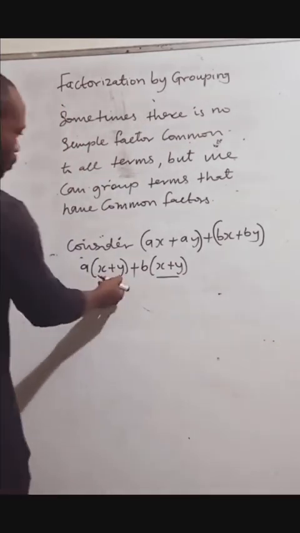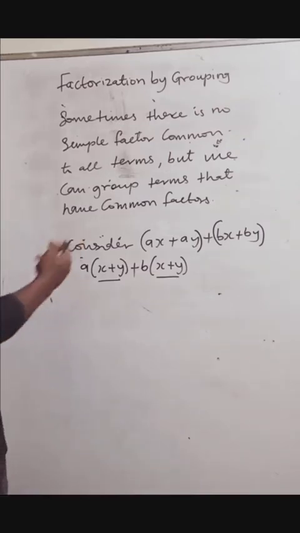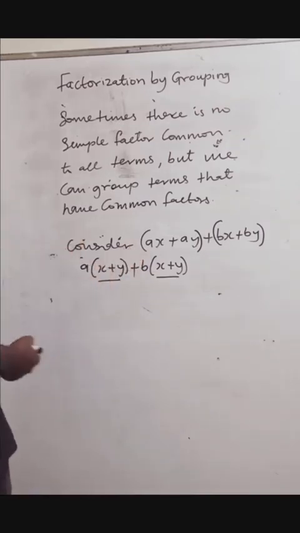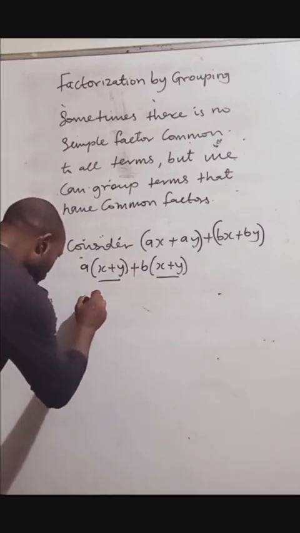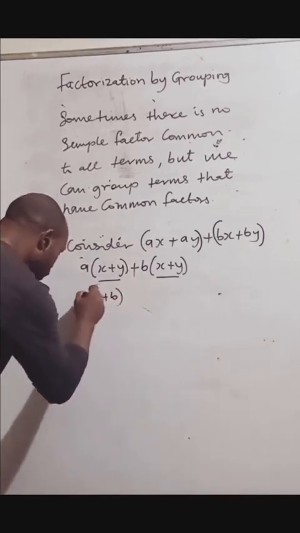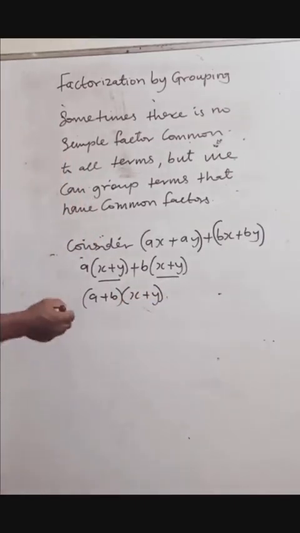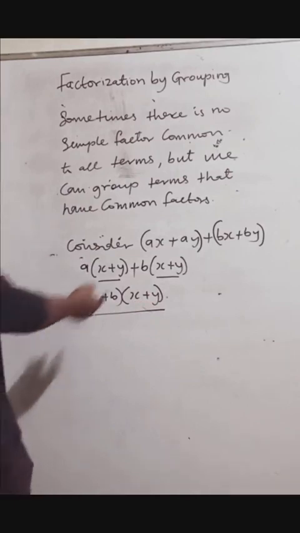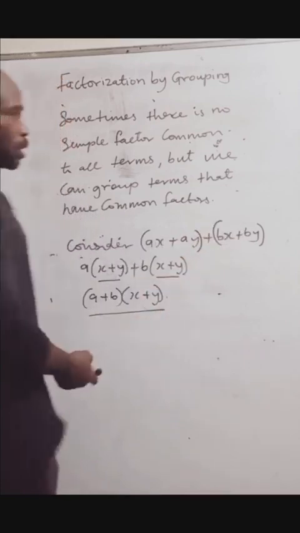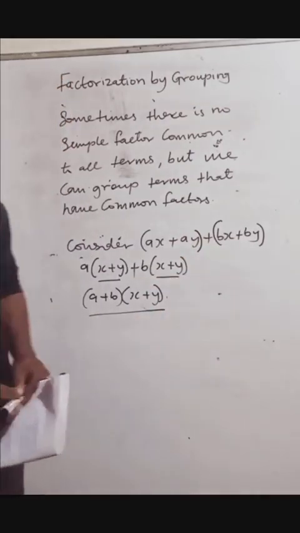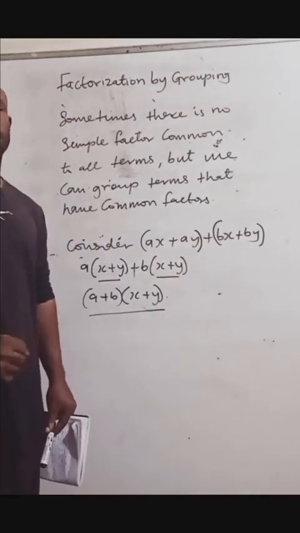So because x plus y is common, we're going to take x plus y. So this expression can now be written as a plus b times x plus y. So this is a factorized version of ax plus ay plus bx plus by that does not have a common factor.